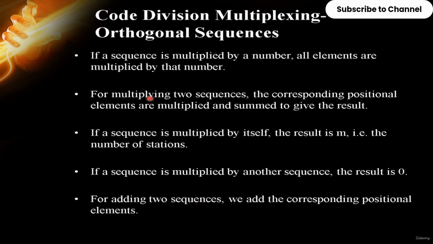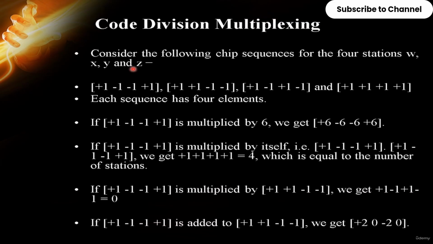When multiplying two sequences, the corresponding positional elements are multiplied and summed to give the result. If a sequence is multiplied by itself, the result is m, the number of stations. If a sequence is multiplied by another sequence, the result is 0. Adding two sequences means adding the corresponding positional elements. These can be easily identified with examples.